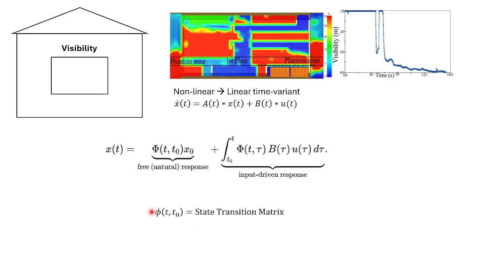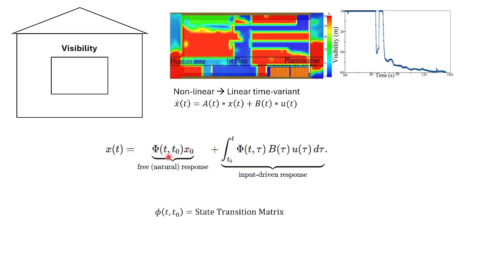Physically, this is basically a matrix, but it works like a time machine. What does a time machine do? A time machine takes you from one time to another time. The same you, but from one time to another.